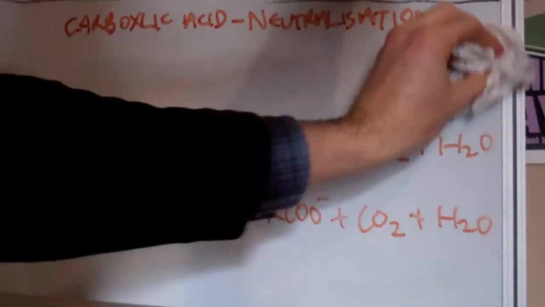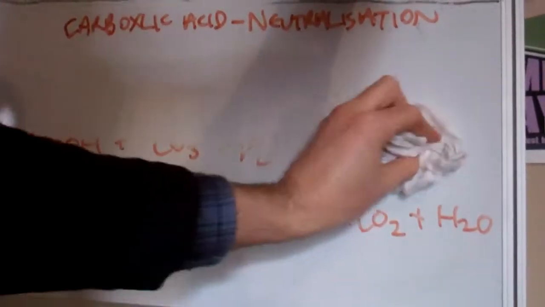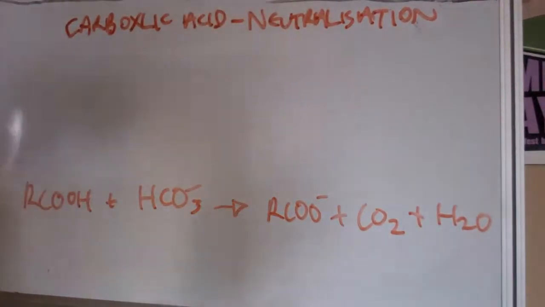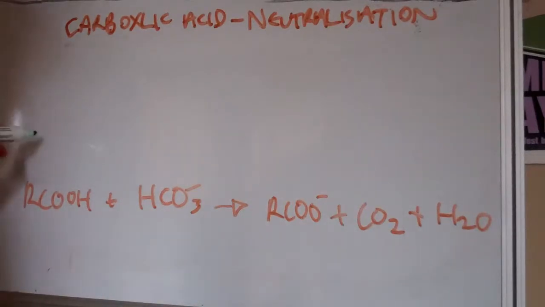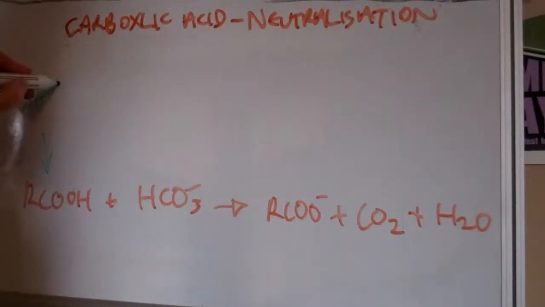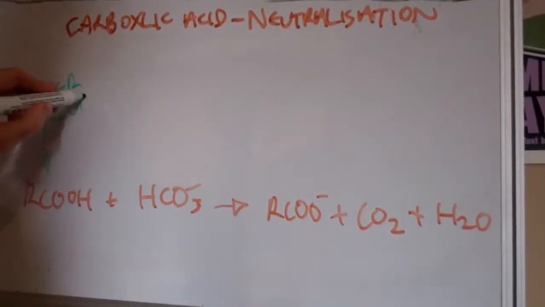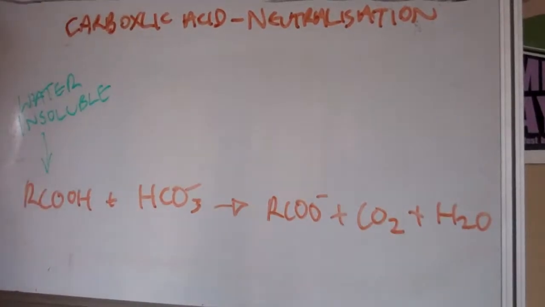Now, one other thing that I need to mention is, if we just have a look at this reaction here, some physical observations. Let's say, for example, this is a water insoluble carboxylic acid. That means that if you try to dissolve this carboxylic acid in water alone, it will not dissolve.